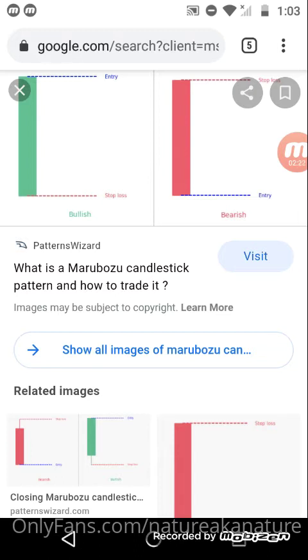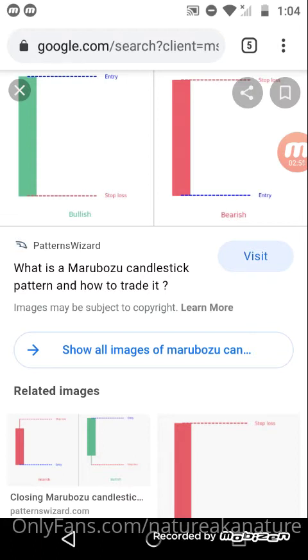Same thing here, you see a green Marubozo candlestick, it opens at the bottom and closes at the top, so it's going up. When you see a red, bearish Marubozo candlestick, the stop loss is at the top because it opens at the top and closes at the bottom because it's going down.